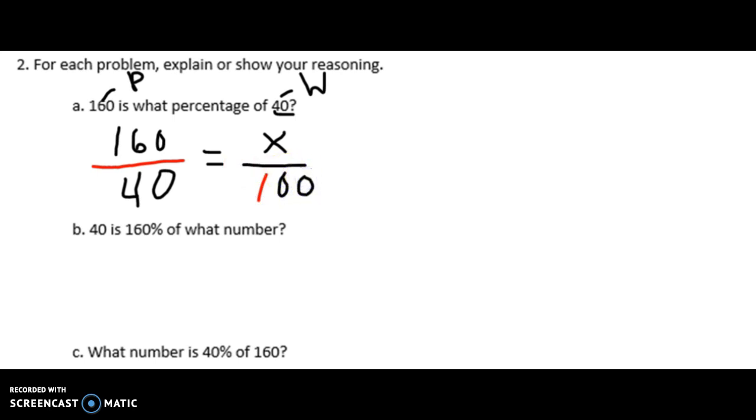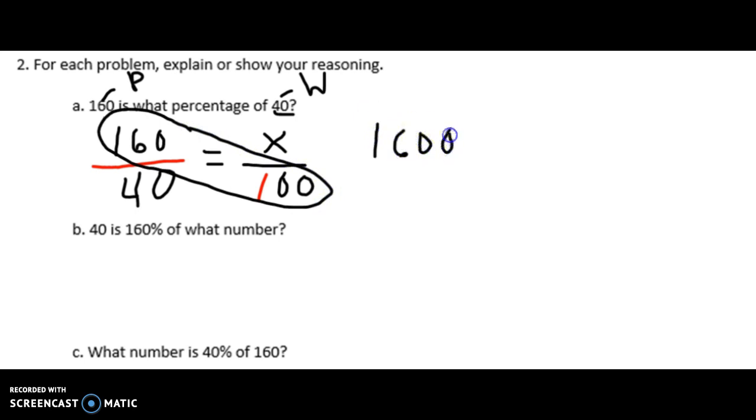Okay, to solve for x, I'm now going to cross multiply. So I'm going to multiply my 160 by my 100. And that's going to give me 160 plus 2 zeros, or 16,000, equals, cross multiply the other side, 40x.